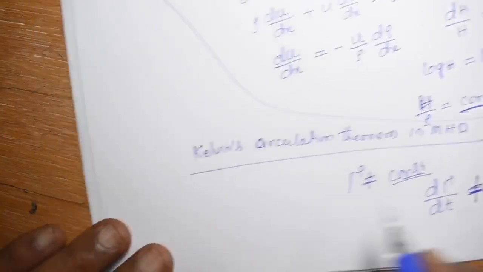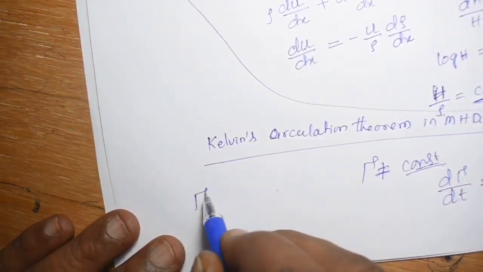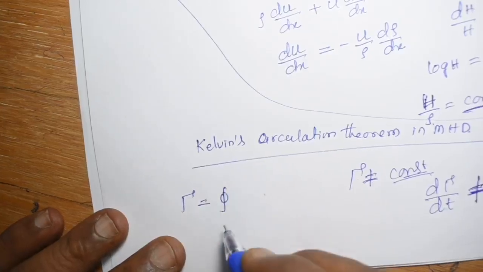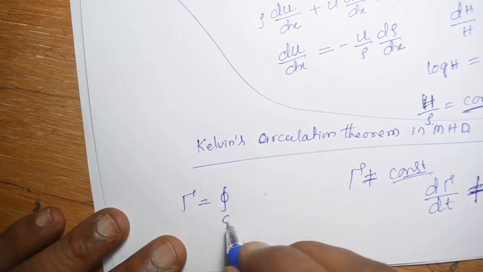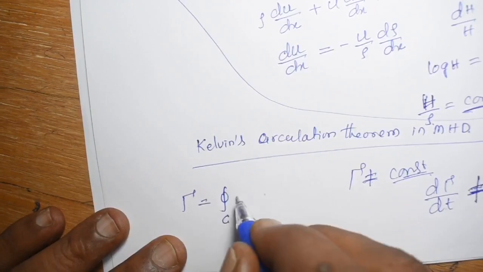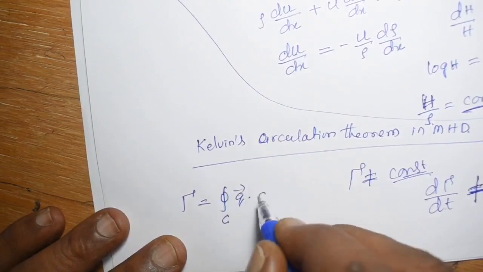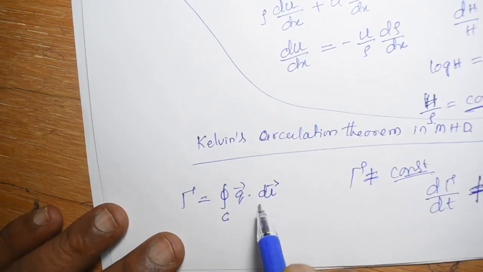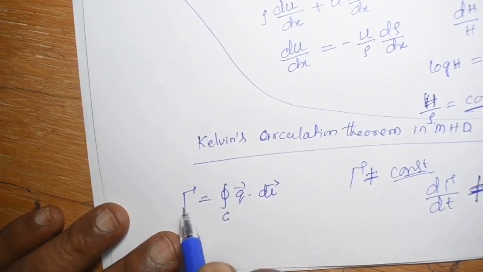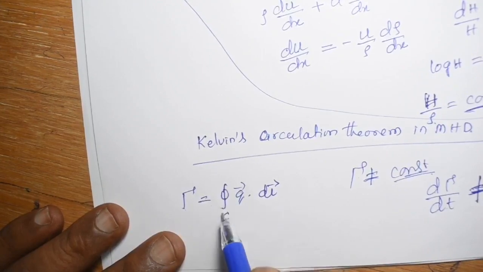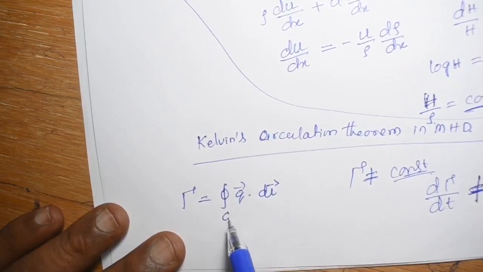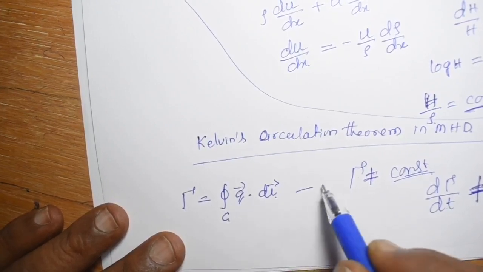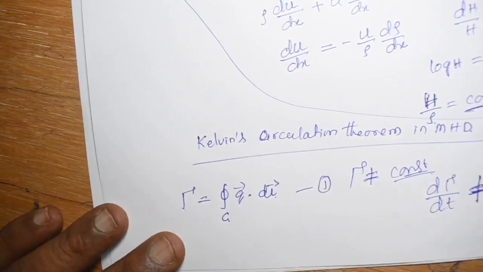Now, by the definition of circulation, Γ is equal to the line integral over a closed contour C of q dot dl. Call this equation number 1.